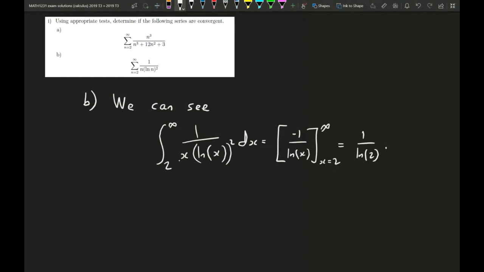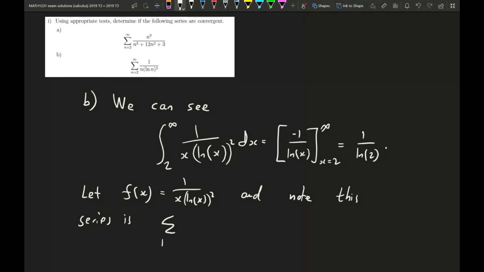Well, I'll try and be a little bit explicit. So let's just let f of x be this expression we wrote down. And just note that the series really is the series sum from n equals 2 to infinity of f of n.